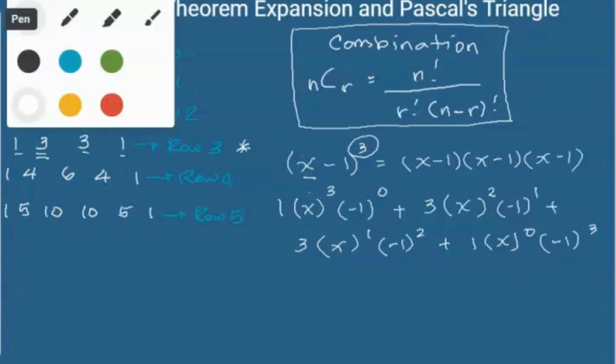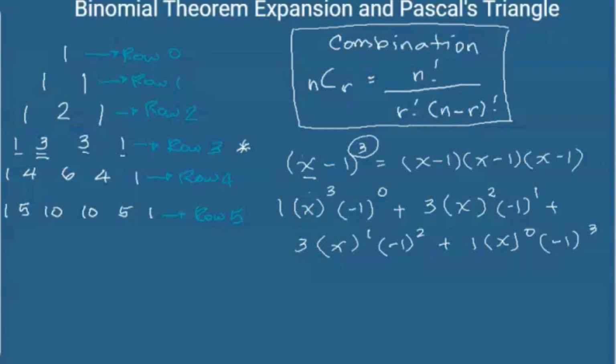As you will notice, the exponents add up to 3. So 3 plus 0 is 3, 2 plus 1 is 3, 1 plus 2 is 3, and 0 plus 3 is 3. As you can see, for the first term of the binomial, the exponent decreases: 3, 2, 1, and 0.